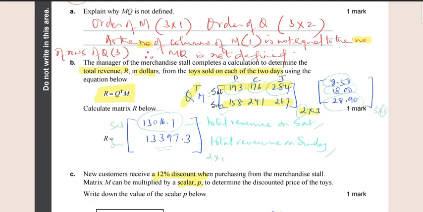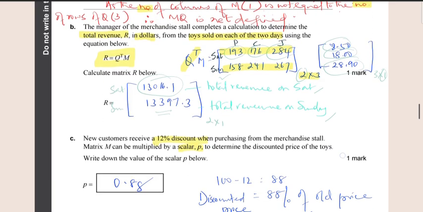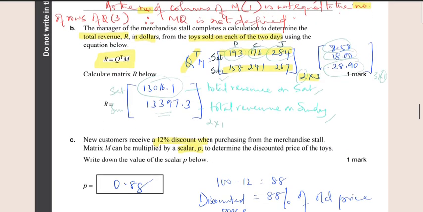Now, new customers receive a 12% discount when purchasing from the stall. Matrix M can be multiplied by a scalar P to determine the discounted price. So we know that if it's a 12% discount, that means the new price is 88% of the old price, because 100 minus 12 is 88.